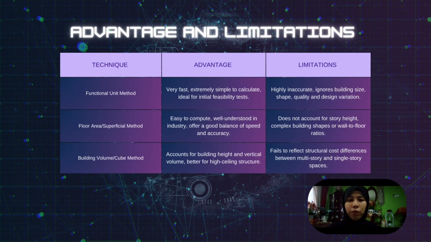Meanwhile, the building volume method resolves the height limitation by factoring in 3D space, but it can misrepresent cost if expensive finishes are used over a large open volume. Ultimately, selecting the right technique requires balancing the need for quick decisions against the level of accuracy available at the stage.